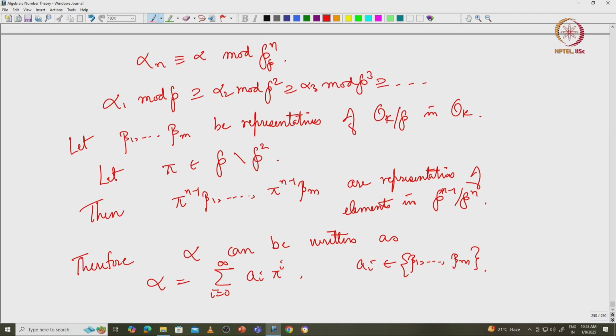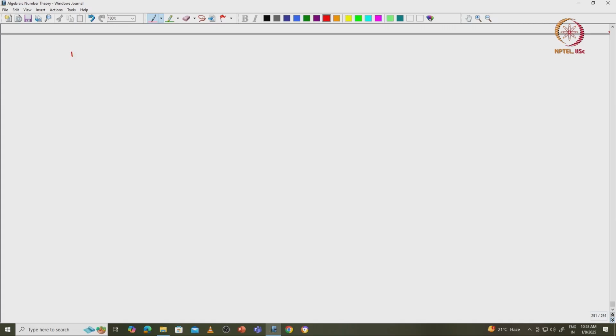Okay. Any element can be written like this. Furthermore, alpha j is summation i going from 0 to j a i pi to the i. Okay. So, clearly this is an element in OK.